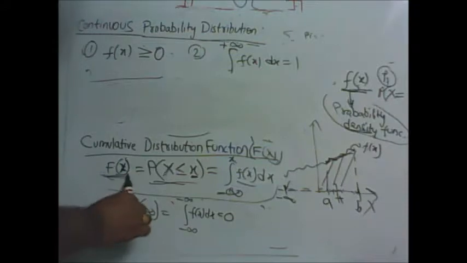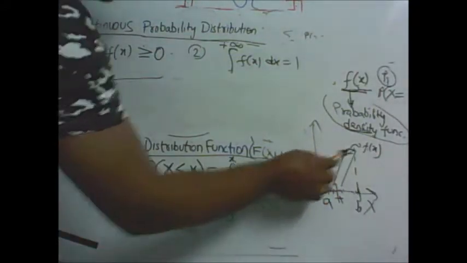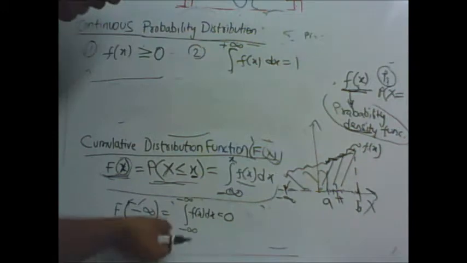So this capital F of x is nothing but the area under this curve between those limits.